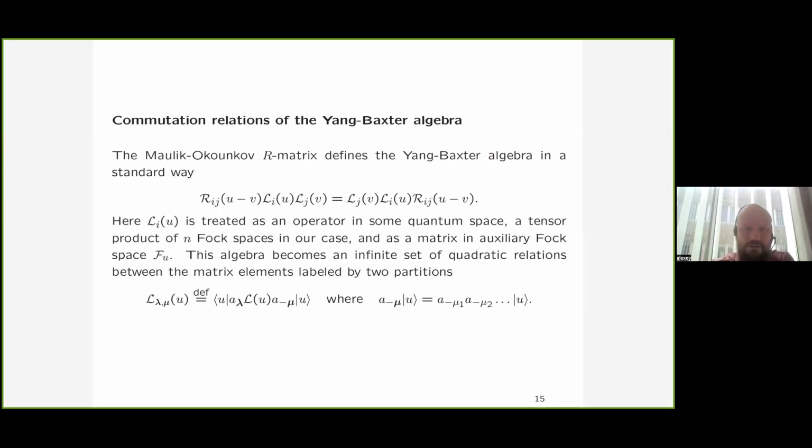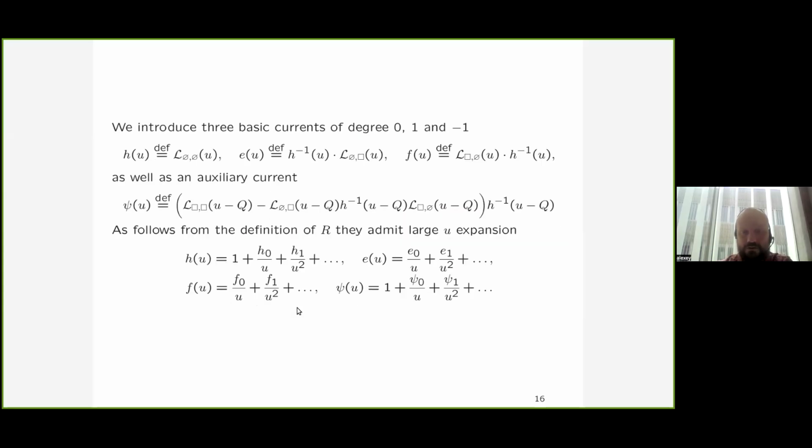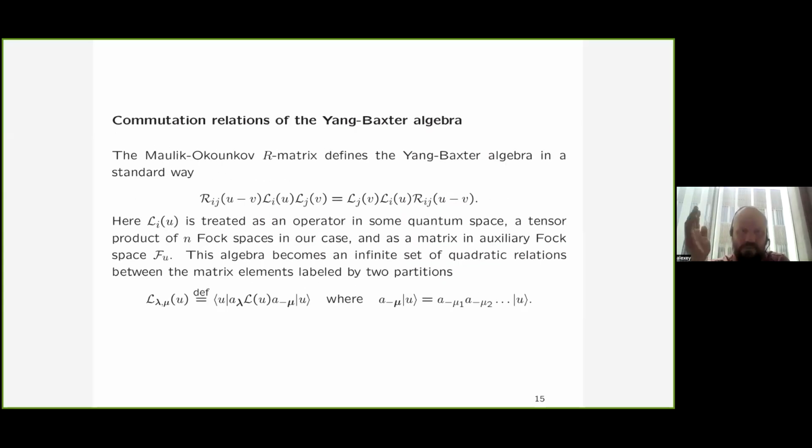Okay, so each L here is some operator which acts in some quantum space, and it has two indices, like bra-ket indices. Both of them are partitions. So a generic element of this algebra is labeled by two partitions, lambda and mu, as shown here. And of course, as usual, we can do the usual thing.